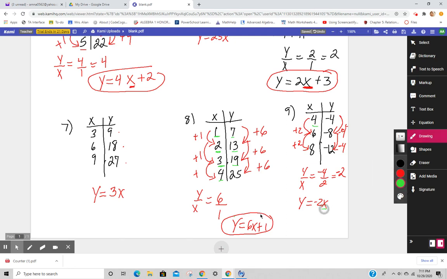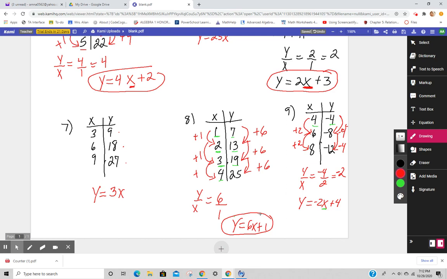Negative 2 times 4 is negative 8. But I need to end up with negative 4. So what should I do? If you said add 4, that would be right. Let's check it. Negative 2 times 4 is negative 8 plus 4 is negative 4.